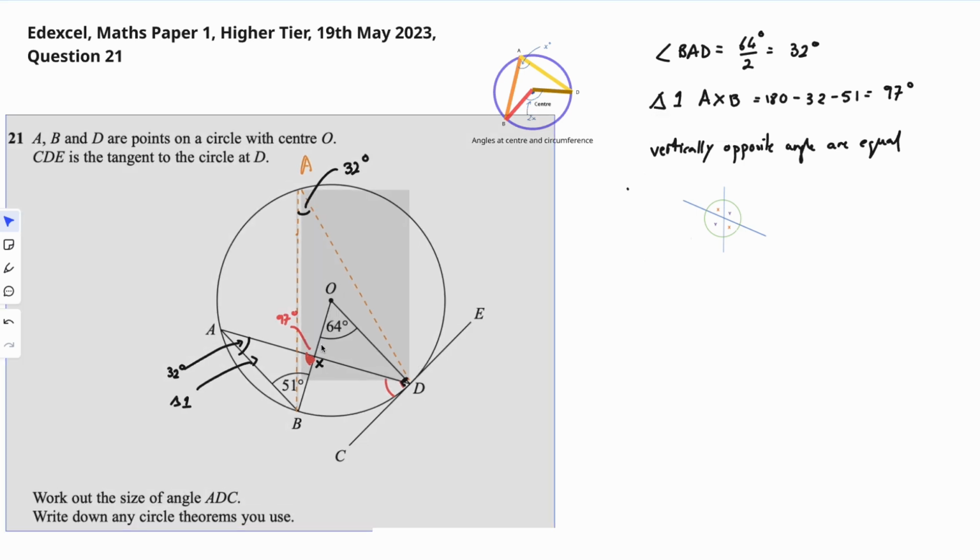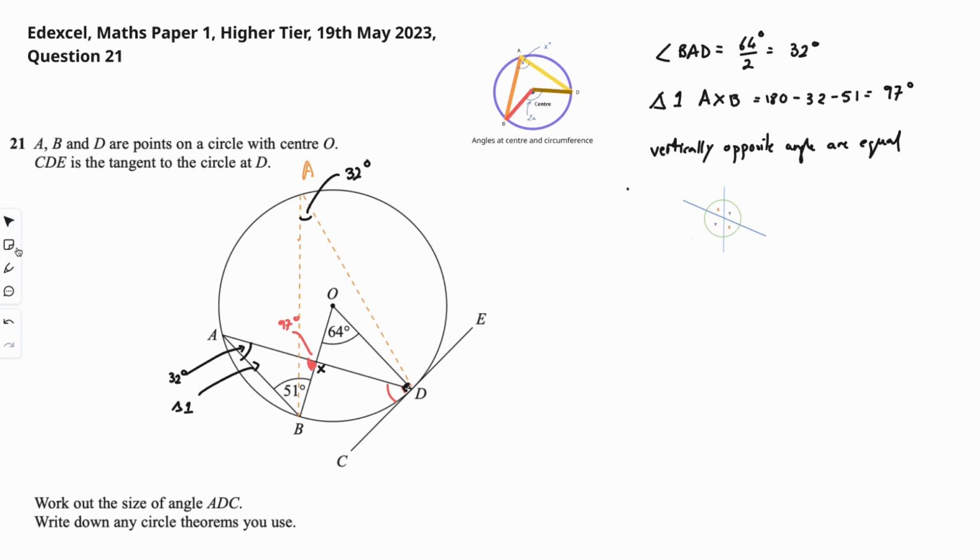So let's write that in as 97 degrees. So now we have, let's call this triangle 2. So triangle 2, which is OXD, which is again 180 degrees, is total number of angles.